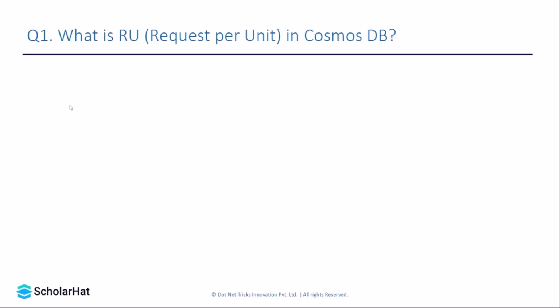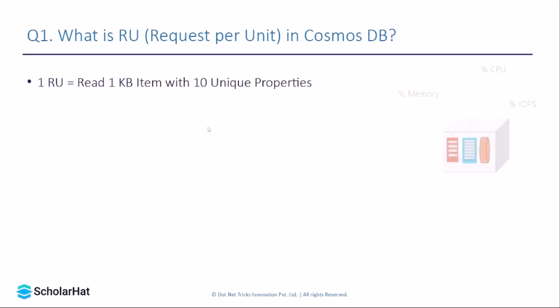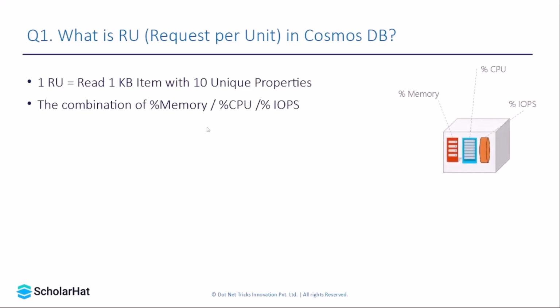In simple words, you can say that a request unit is a way to measure how many resources such as CPU, input output, and memory are required to perform a particular operation. One request unit equals reading 1 KB of item with 10 unique properties. As mentioned, it's a combination of memory, CPU, and IOPS, and it is calculated by Azure ML.